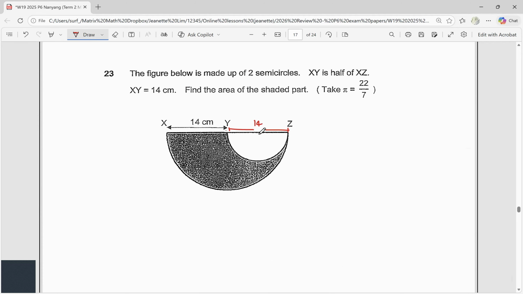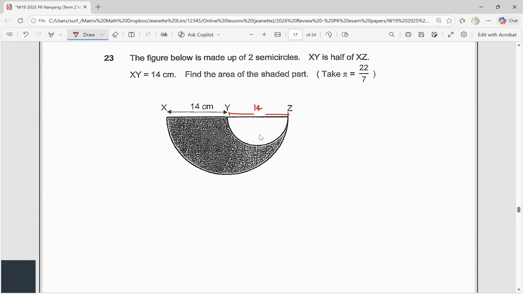Okay, to find a big semicircle, area of circles would be pi times radius times radius. So we'll take pi, which is 22 over 7, times radius, which is 14, times 14. Now don't forget to multiply it by half because it's a semicircle.